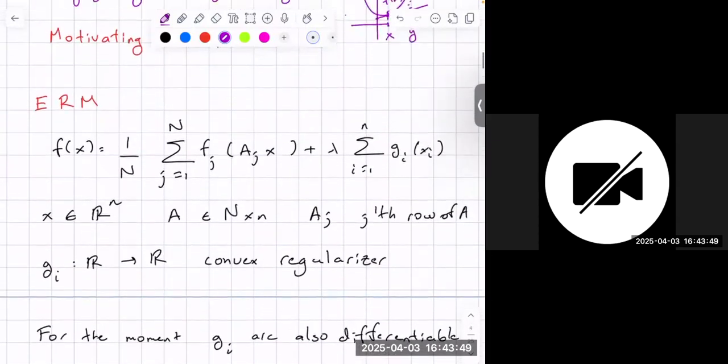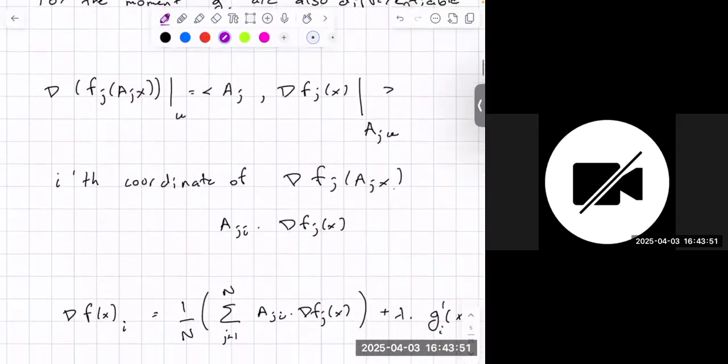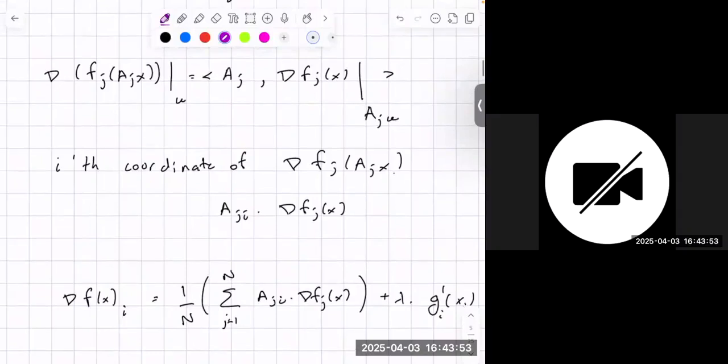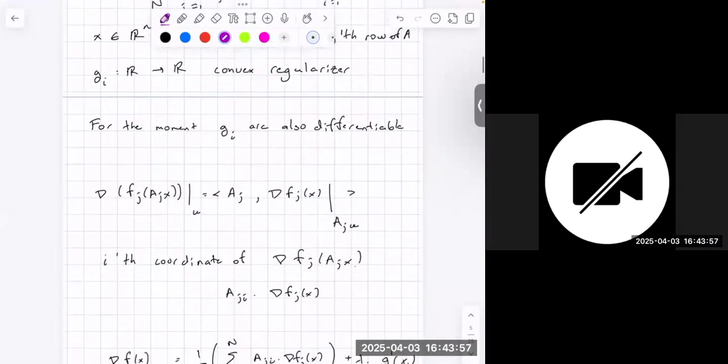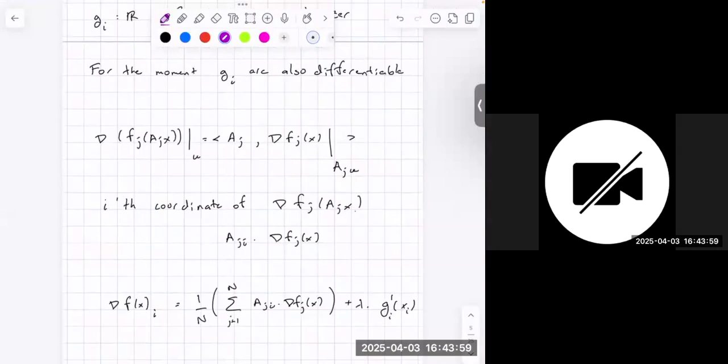For now, what I was saying here is that even if g_i is not differentiable, your stuff works. But for now, suppose we look at the differentiable case and try to take the gradients and see how they look. At the end, we are going to do a coordinate descent by taking a step size, looking at that coordinate of the gradient vector, and going that much.